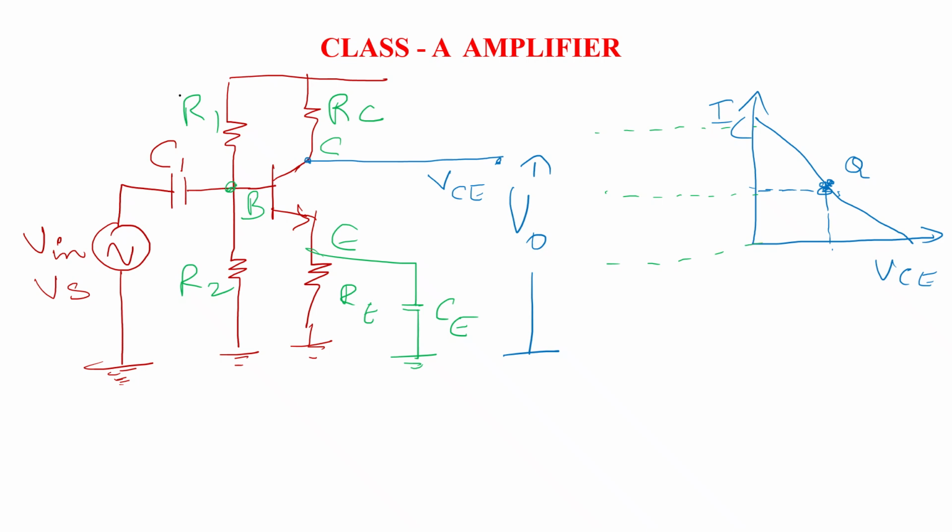If horizontal and vertical lines are drawn, let this be Q1 and Q2.